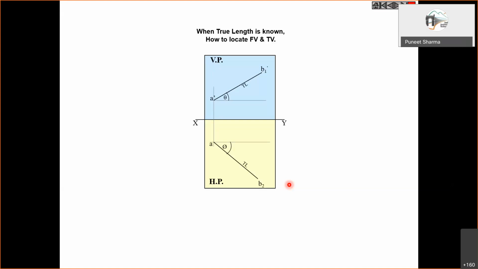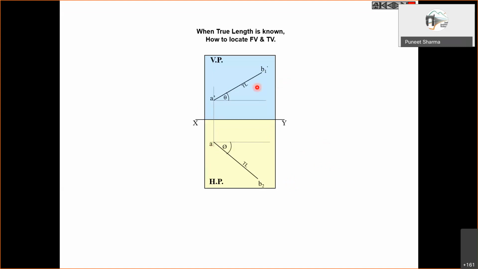Okay, so again, let us come back to this diagram. First of all, we were given the position of one end point, so we have drawn A dash and A. Then we first assumed it to be parallel to the vertical plane.